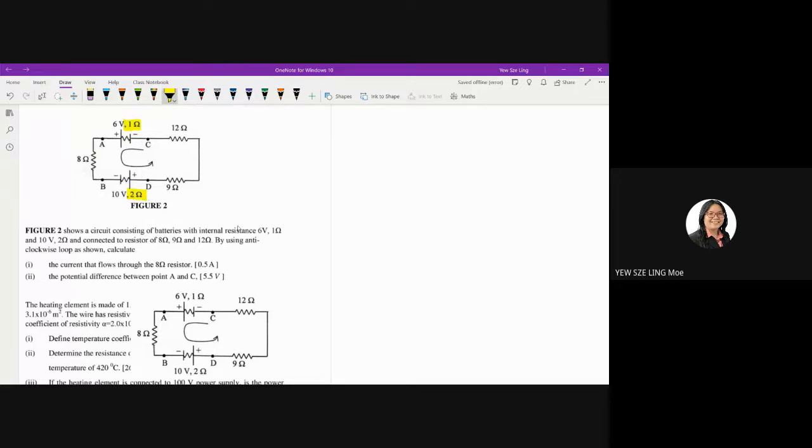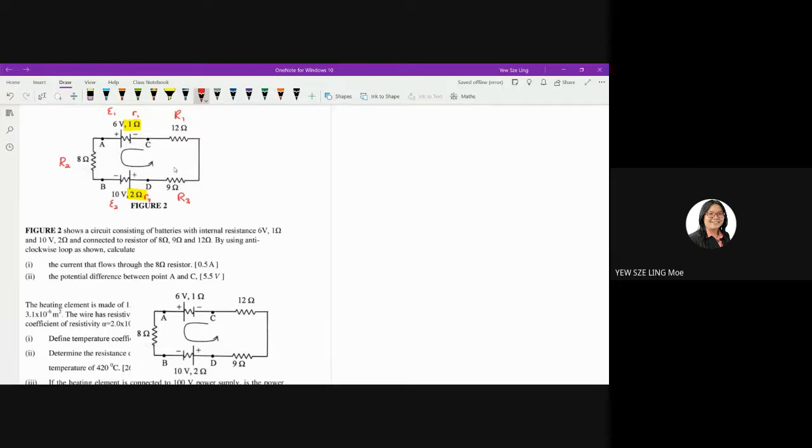So you have two internal resistances in this question. So let us label the diagram as usual. EMF 1, internal resistance r1, external resistance capital letter R1. Capital letter R2, EMF 2, internal resistance r2, capital letter R3, external resistance.